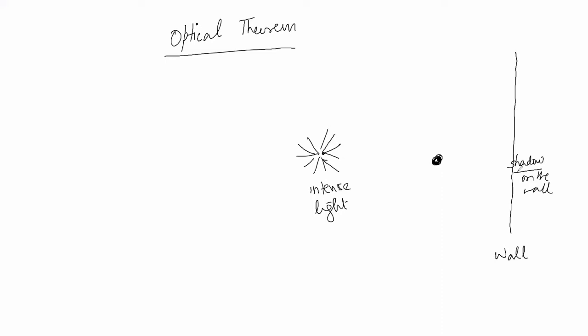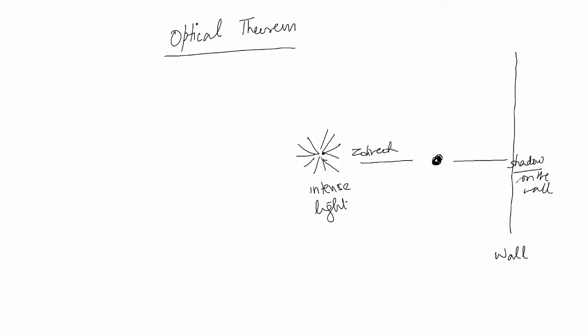What this shadow implies? That some of the light, or in general, since light consists of photons, some of the photons have got scattered. Is it not? And therefore, in the forward direction, say the Z direction, I was throwing light on the wall.